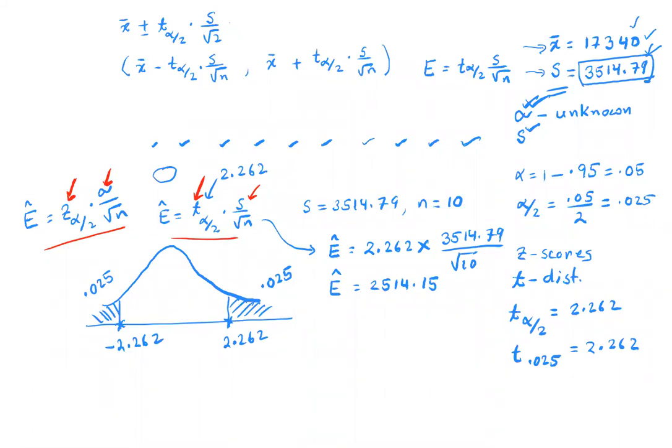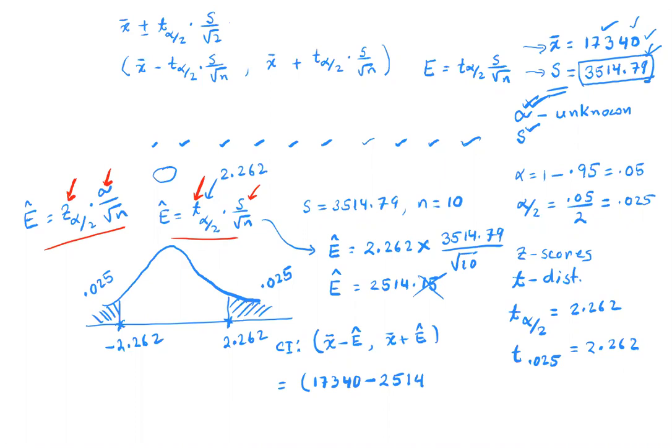Okay, so that's your margin of error, 2514.15. Now your confidence interval CI is going to be X bar minus E hat, comma, X bar plus E hat. X bar is 17,340. 17,340 minus the margin of error 2514. It's such a big number that I will just ignore this 0.15 and make it a nice number, 2514.